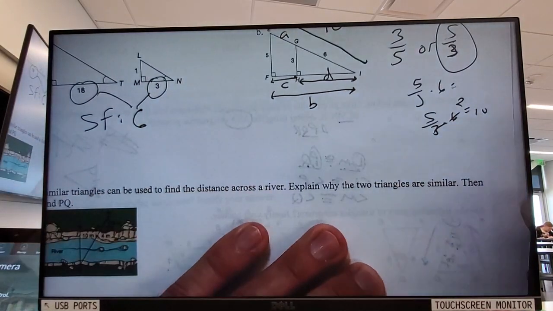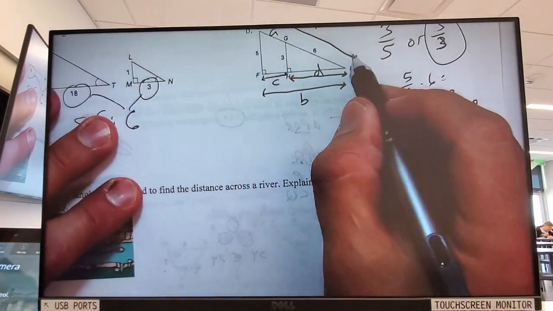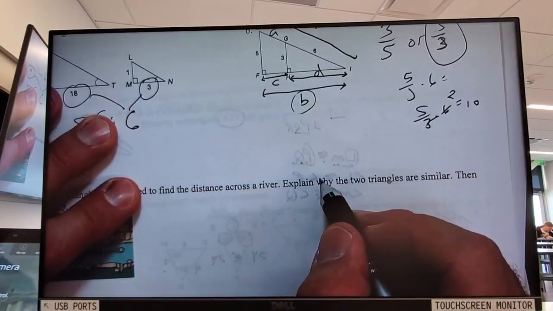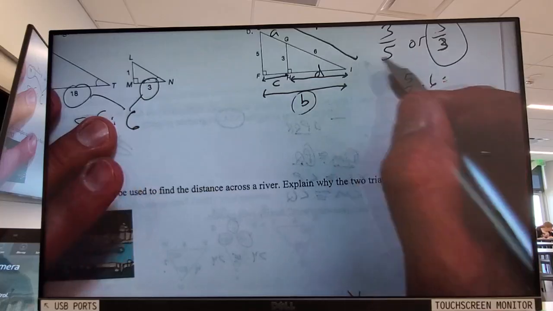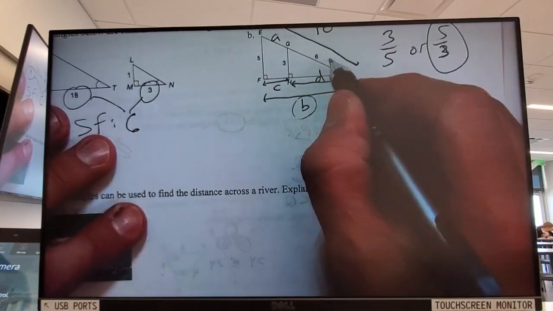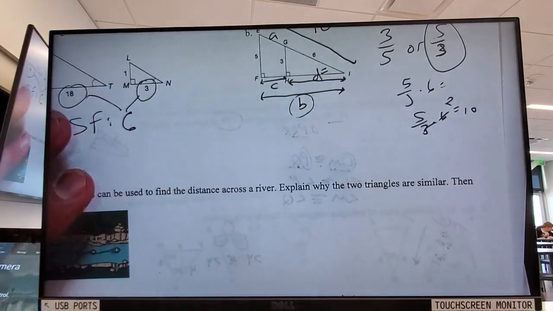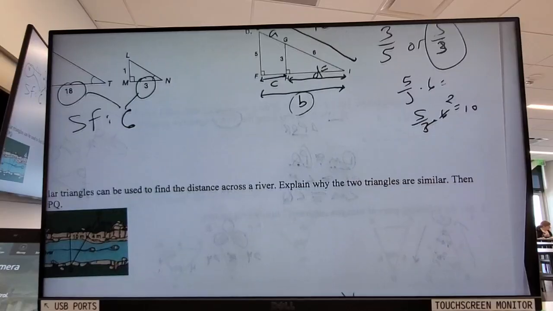We got 10. So that's 10. How do I get B? And we got D. What'd you guys get for D, by the way? Something kind of gross, I think.